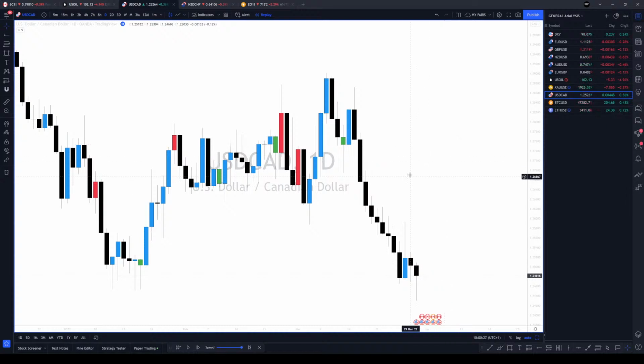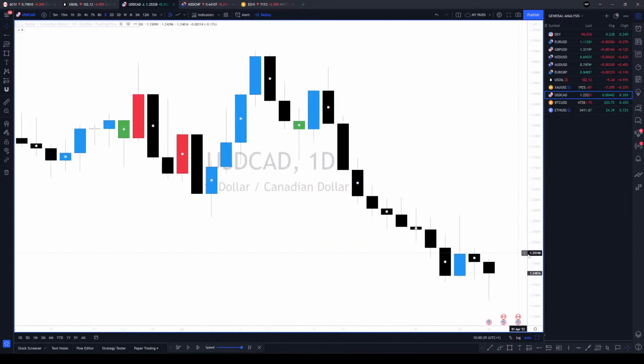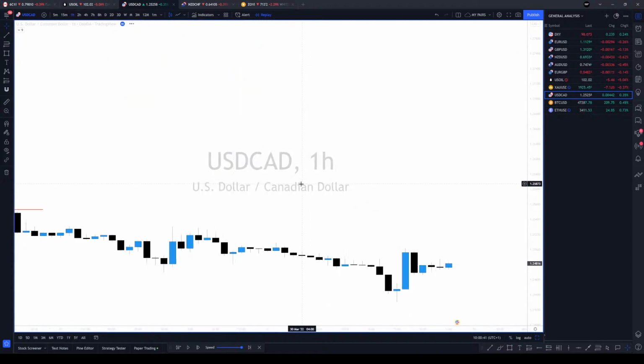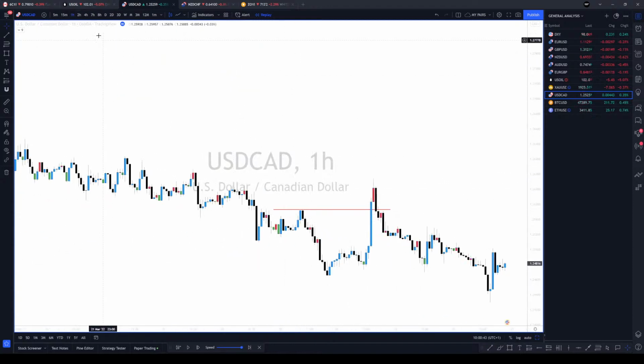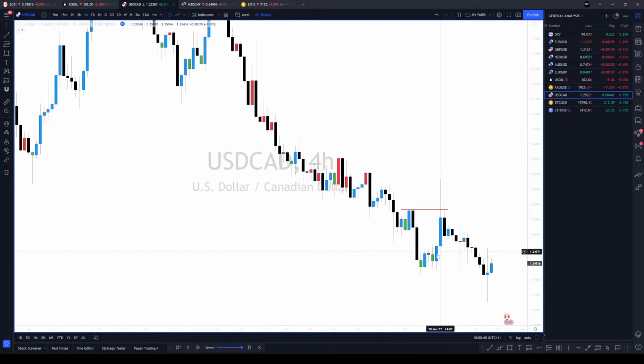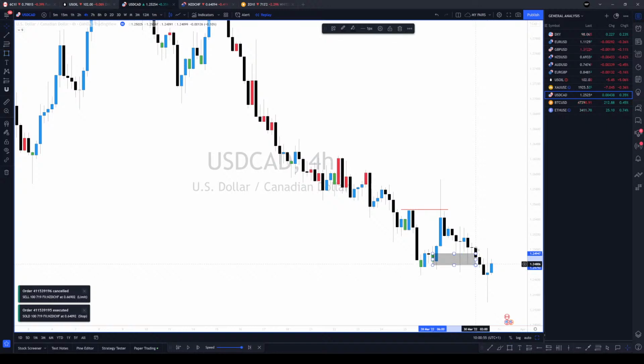I was looking at this one, even though it did not close above it, I still looked at it as a breaking structure on the H4, because on the 1 hour I did close above that high. So I was trying to think, why did it not go higher from this order block here, right? Why did it not go higher from that order block there? Yeah, that was the question I was asking myself.